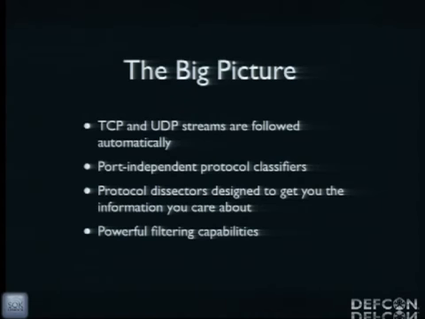So one example is the HTTP classifier and dissector allow you to filter your HTTP traffic by user agent or by whatever URL they're requesting, by whether or not it had gzip encoding, anything like that. And it's that ability to really narrow down on the type of traffic that you want that I think is the most important and the big picture for the software.